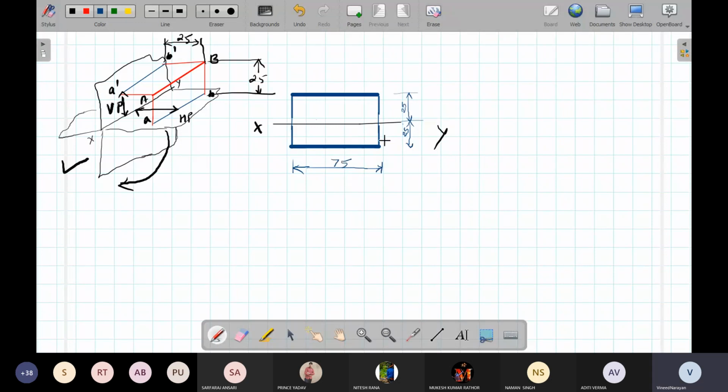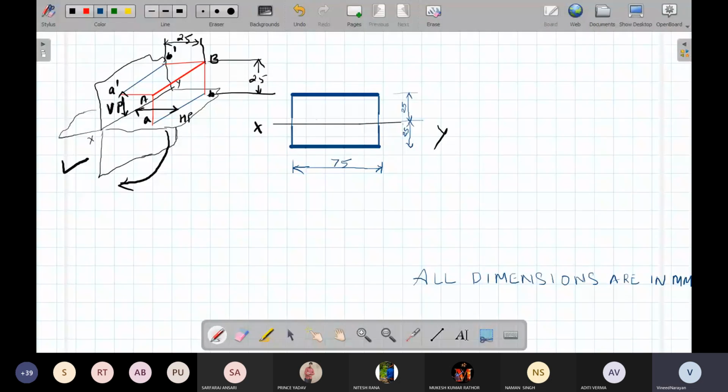We should not write mm everywhere. So drawing should be very clear. If you write mm, centimeter in the drawing sheet, it will create a lot of confusion. So normally we write below that all dimensions are in mm.